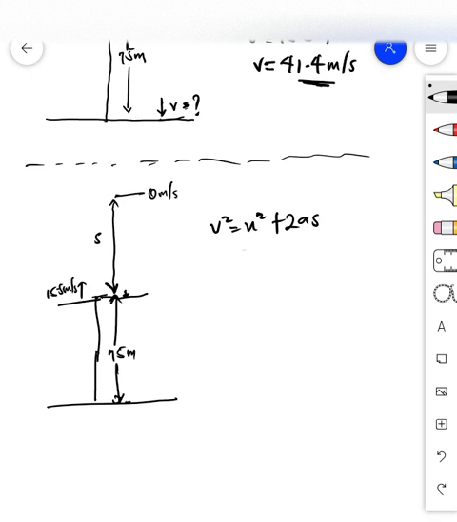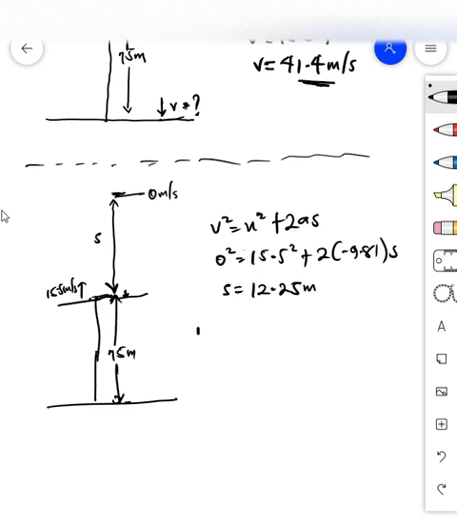We're modeling the path going up to the maximum height, so the final velocity will be 0. So 0 squared equals 15.5 squared plus 2 times minus 9.81 times s. Solving this, we have s equals 12.25 meters.